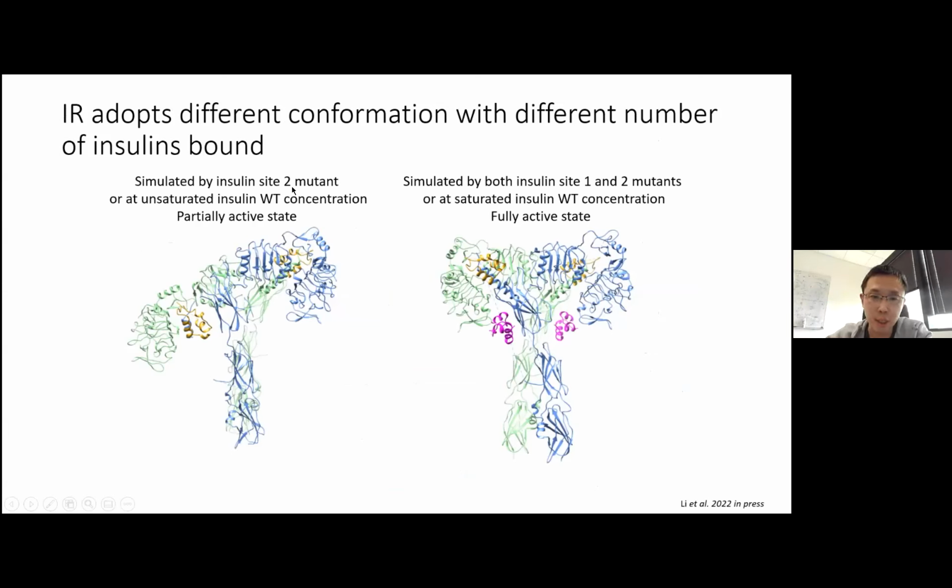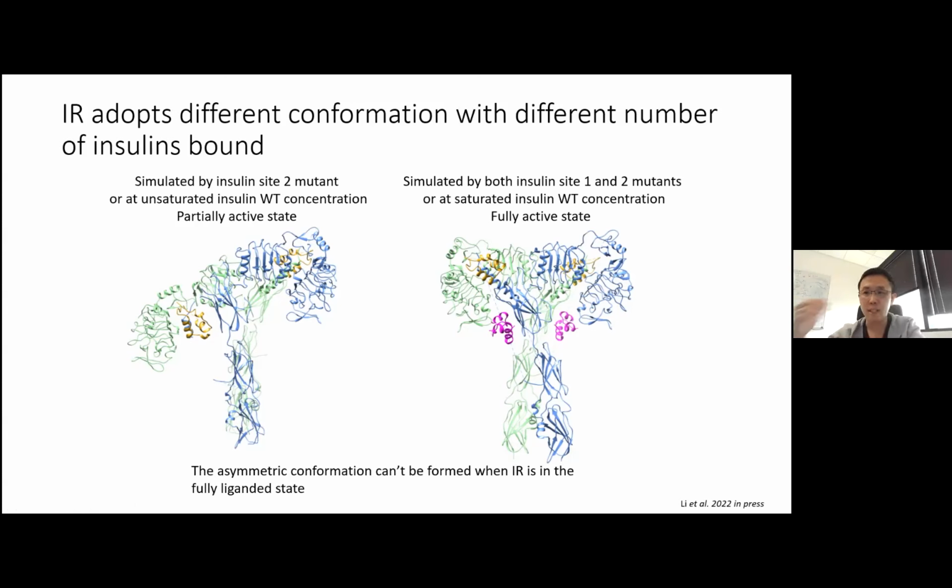So if the insulin receptor is stimulated by the insulin site 2 mutant or at a subsaturated insulin concentration, most of the particles are in this asymmetric conformation, and this is a partial active state. But if insulin is stimulated by both site 1 and site 2 insulin together, or at a very high saturated insulin concentration, all the particles go to the symmetric conformation, in the T shape with full insulin bound.